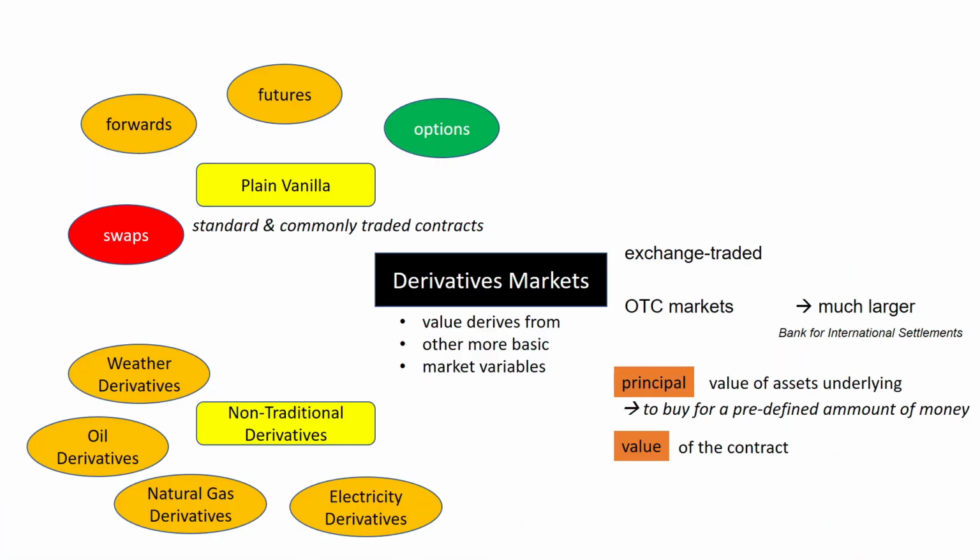Okay, so derivatives. After vanilla, we can also see the non-traditional, non-vanilla derivatives. These are weather, oil, natural gas and electricity derivatives. If you have any kind of company, or especially a university or city to run, then nowadays it can be useful to have such derivatives, because I know that only one Hungarian university had long-term electricity contracts and also natural gas contracts.